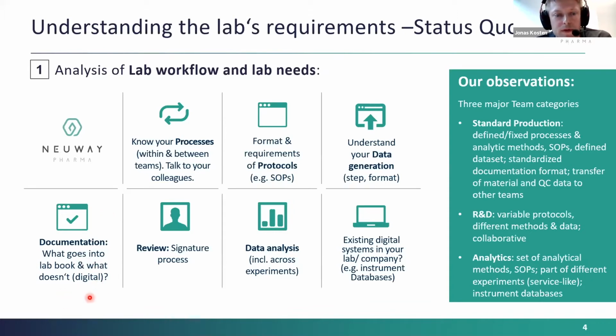Some of the data might already be digital and in a sufficiently documented form. The review process: do you have one? The 4 eyes principle, who needs to see the data or documentation at which point, and maybe who needs to sign it off. And then also think about data analysis that's done across multiple experiments, or even across your whole process, and how you would like to share and track the data.